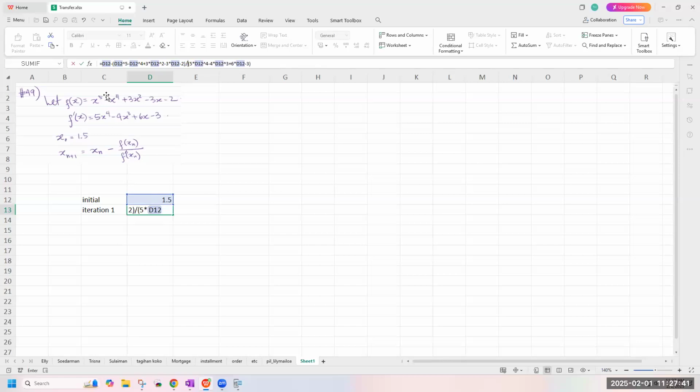Now let's check. So xn minus the numerator x to the 5th minus x to the 4th plus 3x squared minus 3x minus 2, divided by the derivative 5x to the 4th minus 4x cubed plus 6x minus 3. Okay, let me press enter. I hope I don't write anything wrong.